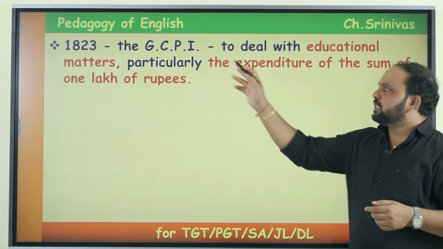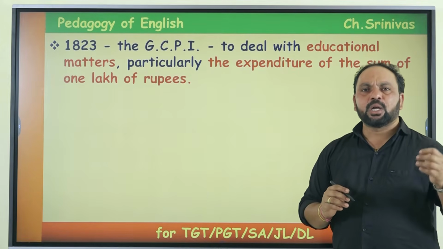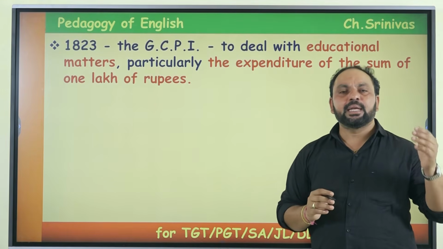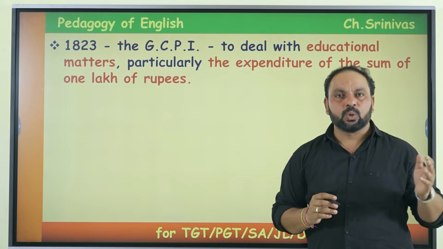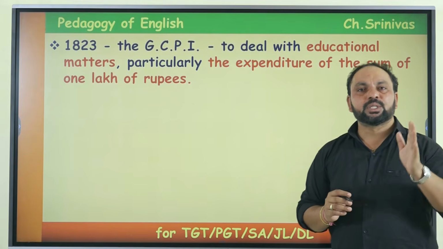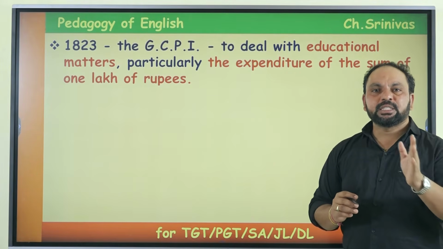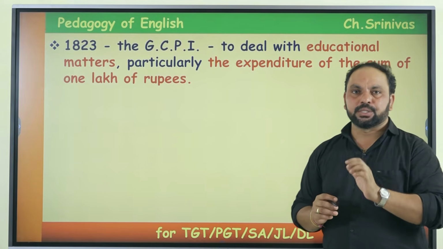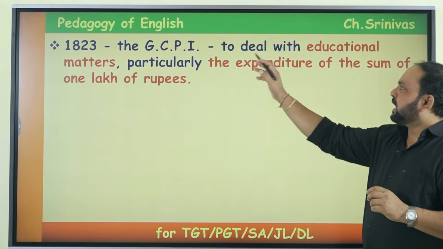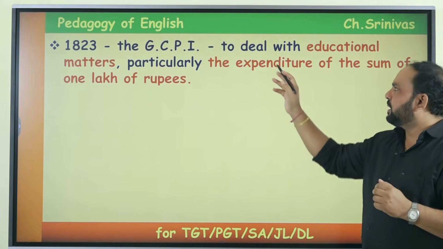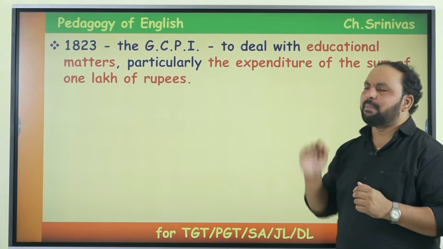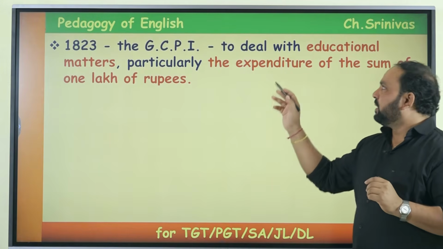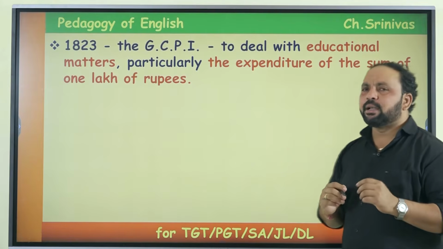That GCPI is nothing but the General Committee of Public Instruction. This GCPI was established in 1823. The British government established GCPI, the General Committee of Public Instructions, to deal with educational matters, especially the expenditure of the sum of 1 lakh rupees.